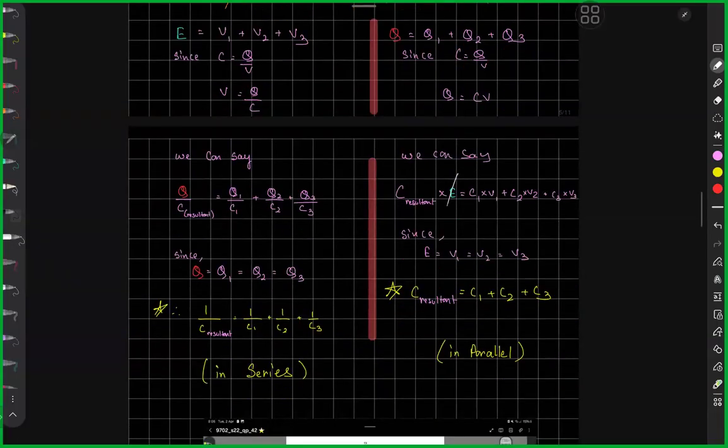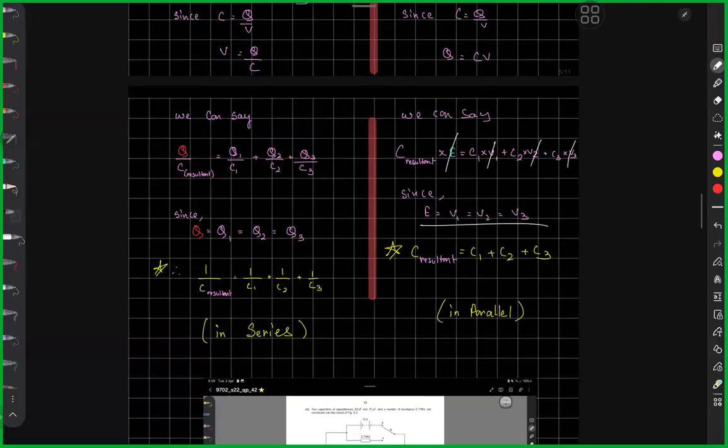Now, can I cancel all the E and V's? Because they're equal. Same EMF is applied across all the capacitors, right? So I'll cancel those off, and what I'm left with is C resultant, the sum of all capacitors. So the capacitances sum up.